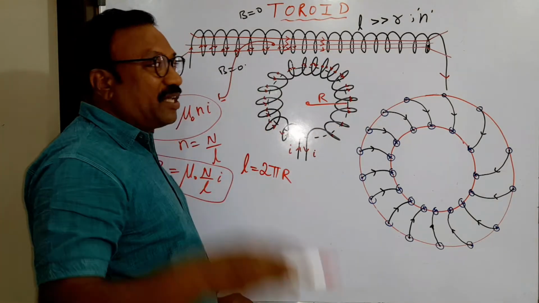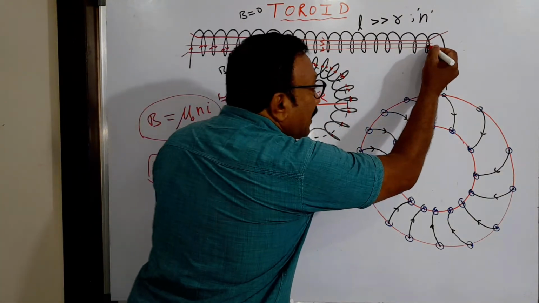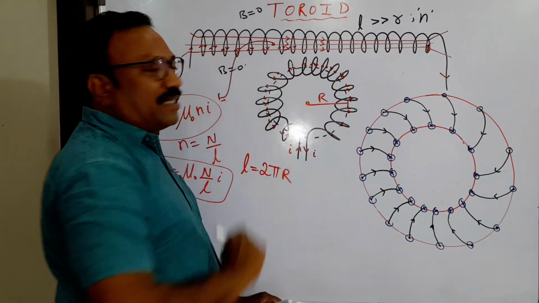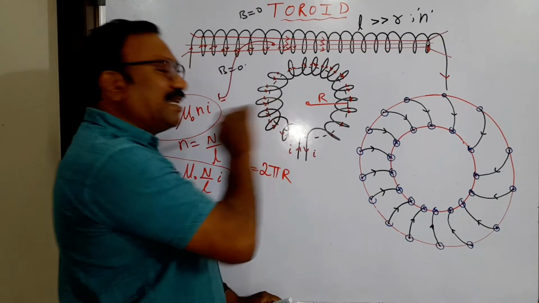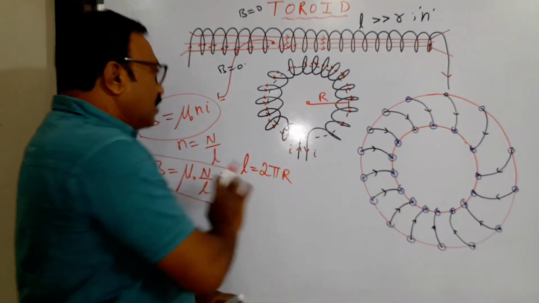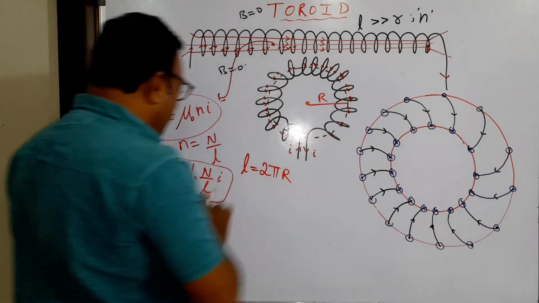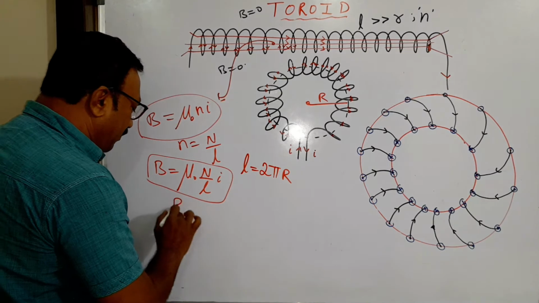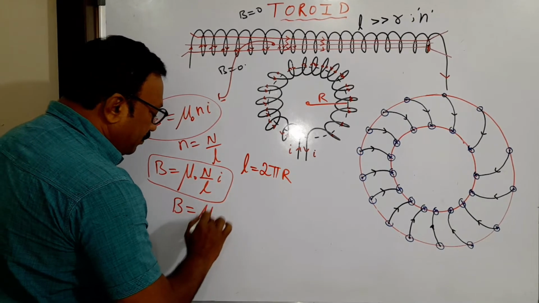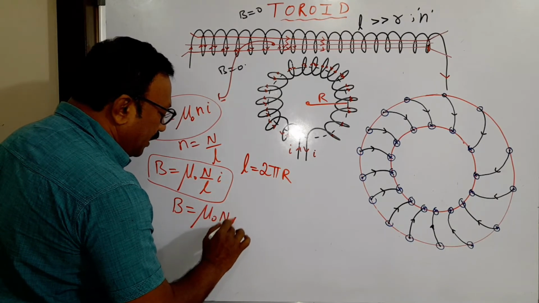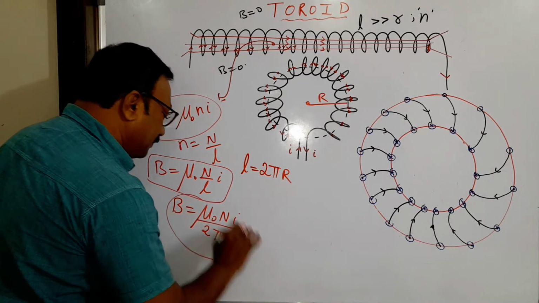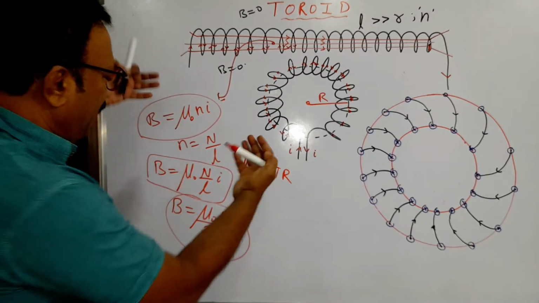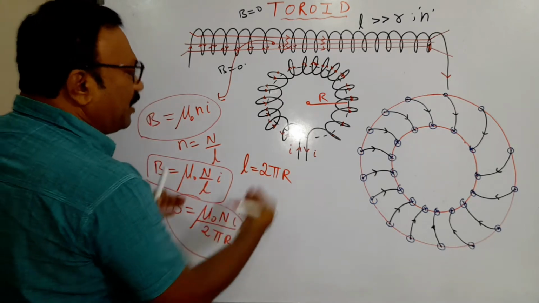There are two radii, be careful. One is the radius of the coil, small r, I will write that. The other is the radius of the toroid, that is capital R I am writing. So this length can be replaced by 2 pi R. Now the magnetic field will be equal to mu naught N i by 2 pi R. That's all. Same formula, only the length is replaced by 2 pi R.